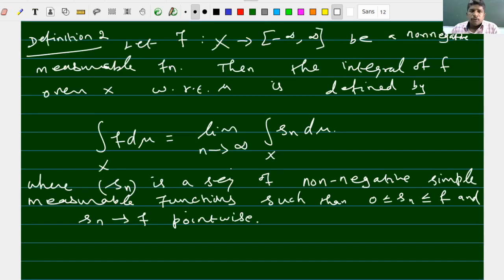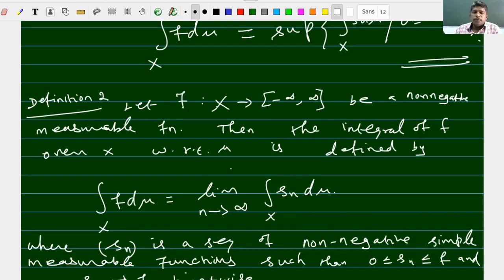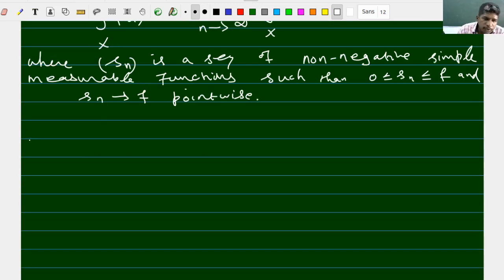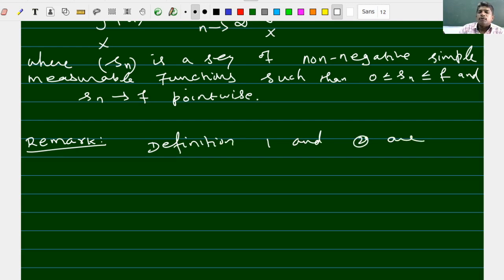So these two definitions are equivalent, right? Definitions 1 and 2 are equivalent.